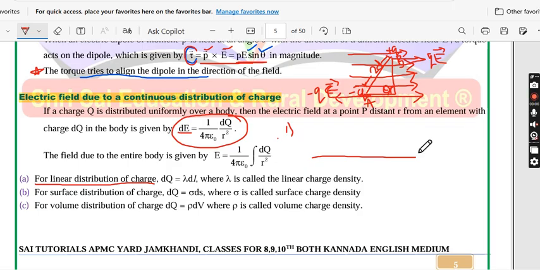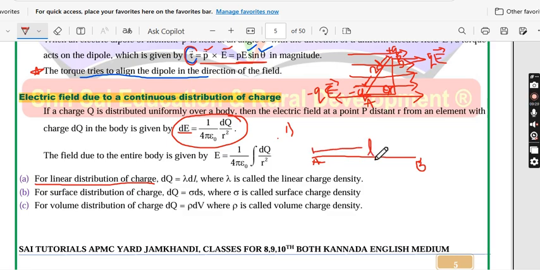Consider a straight line wire, because the linear distribution of charge is to be said. So consider a straight line wire AB. This is A and this is B.